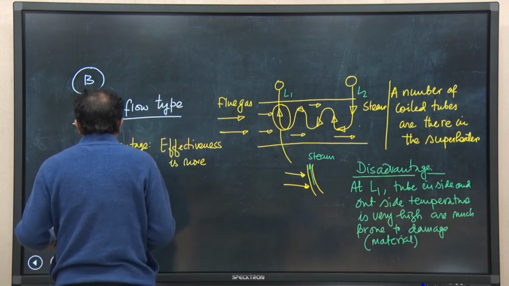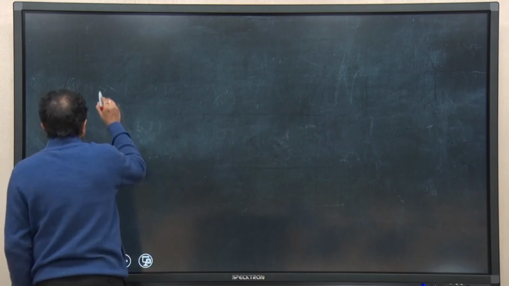Next is parallel flow type. So, let us draw the schematic.